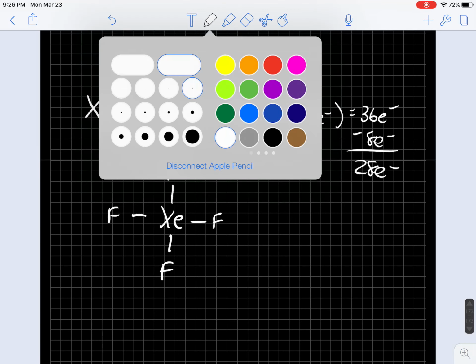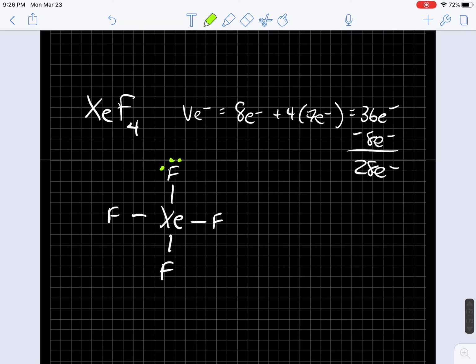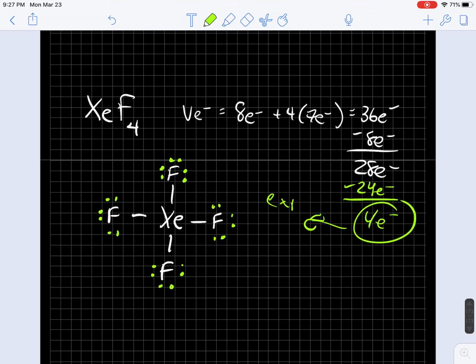That's going to use up 8 of our electrons and leave us with 28. Now, that's going to create a problem because each fluorine only requires 6 valence electrons. That's only going to use up 24 of our budget. And so the rule, rule 5, is that when you have electrons left over, you use them to expand the octet. What that means is we're going to put those extra electrons in pairs on the central atom, and we'll just spread them out. And there you go. There's our xenon tetrafluoride.